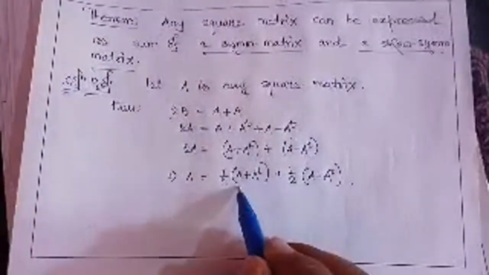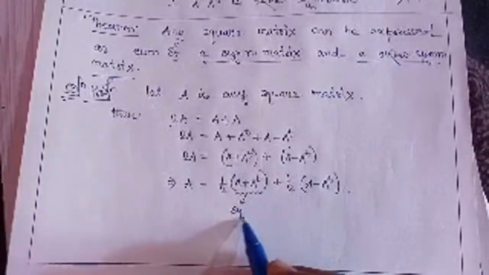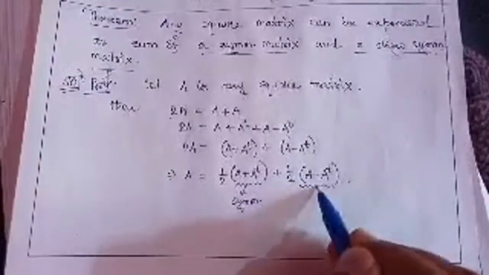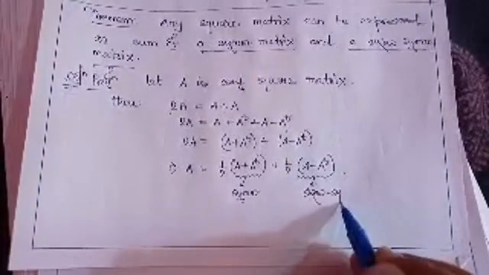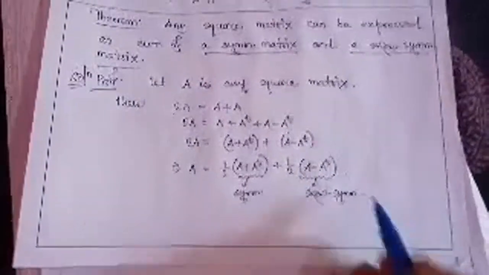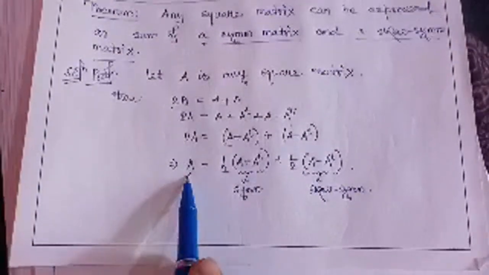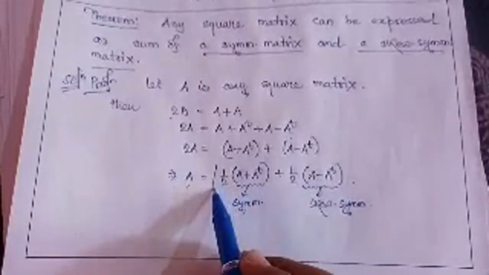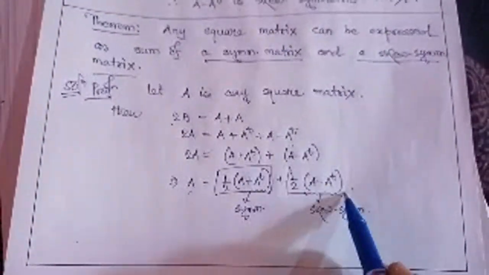So just we have proved that if A is any square matrix, then A plus A transpose is always a symmetric matrix, and A minus A transpose is a skew symmetric matrix.